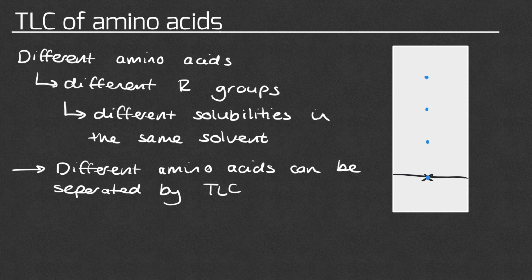Therefore, they can be quite easily separated by thin layer chromatography because each amino acid will have a different solubility in the same solvent. Therefore, each amino acid will move up a different amount up the thin layer chromatography plate, therefore allowing them to be separated. That's as much detail as you need to know for this topic.